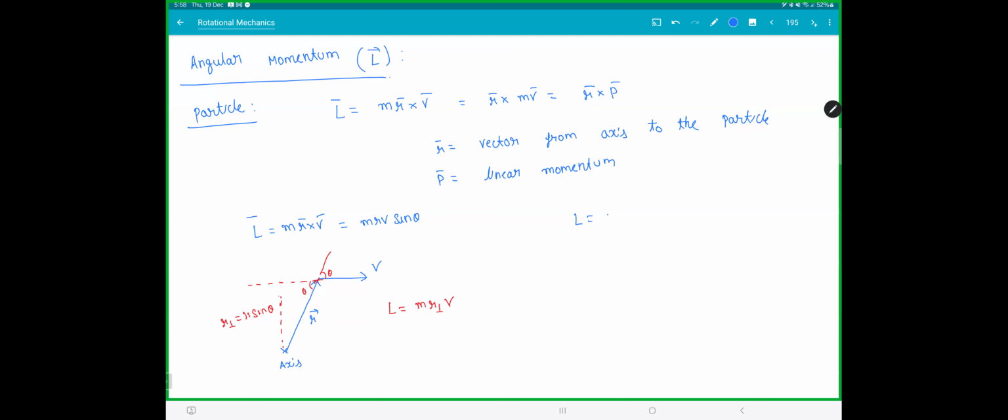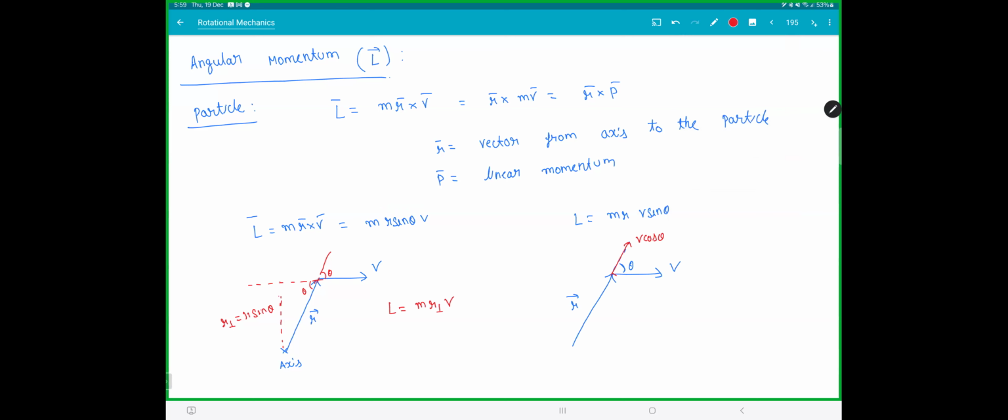So this can be taken as m v r sine theta, so that becomes m r perpendicular v. Or you can do this: resolve the velocity into components. This will be v cos theta and v sine theta, which is v perpendicular.